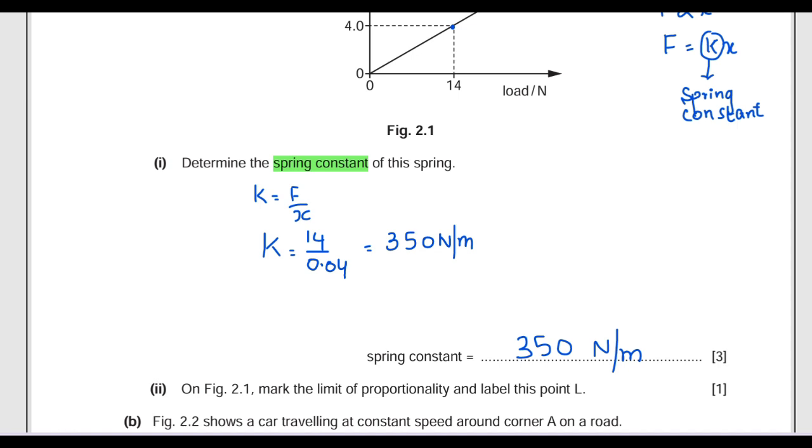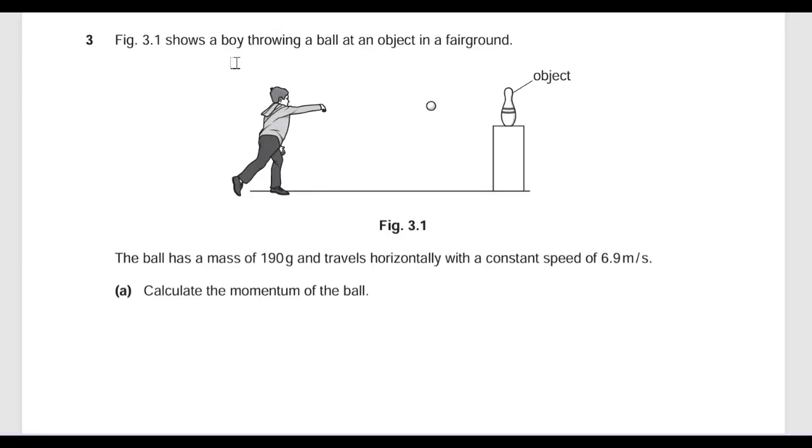Now the next question says that figure 3.1 shows a boy throwing a ball at an object in a fairground. The ball has a mass of 190 gram and it travels horizontally with a speed of 6.9 meter per second. We have to calculate the momentum of the ball.